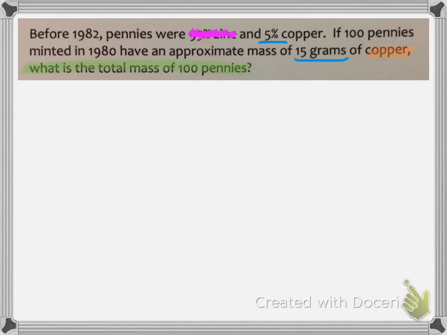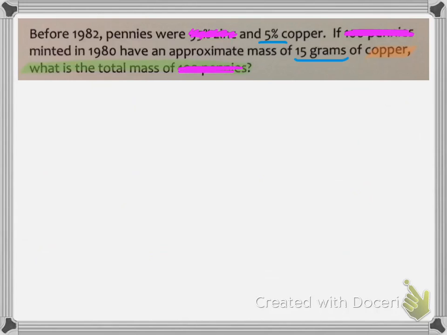I also do not need to know how many pennies were minted. That doesn't matter. I'm not going to use that number in my calculations. I just want to know if those pennies have a mass of 15 grams of copper, what is the total mass of the pennies altogether? Doesn't matter how many there are, I just want to know the total mass.